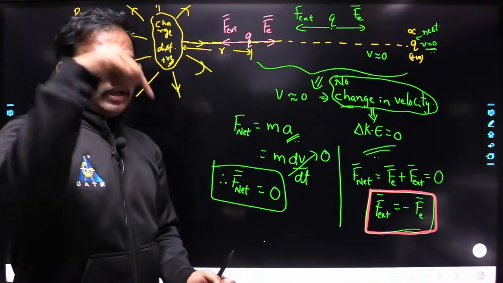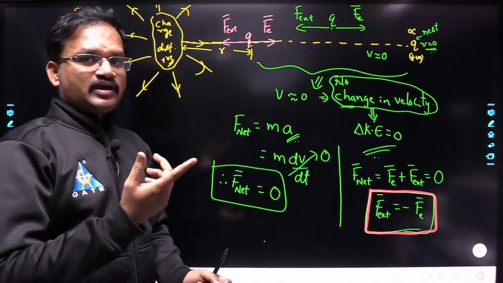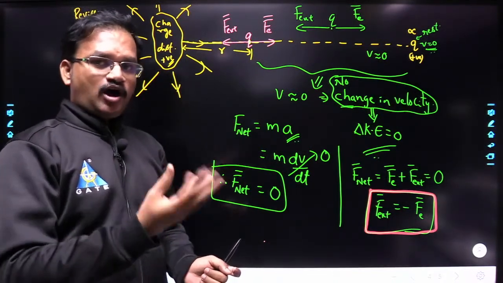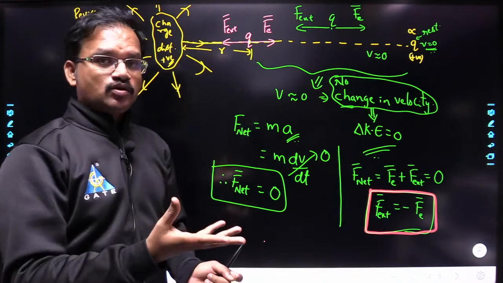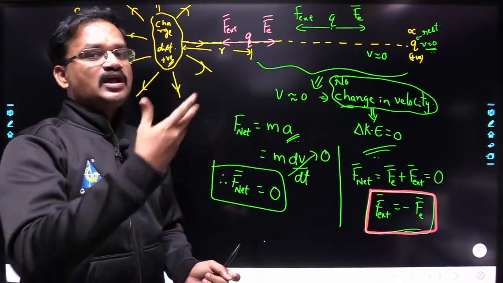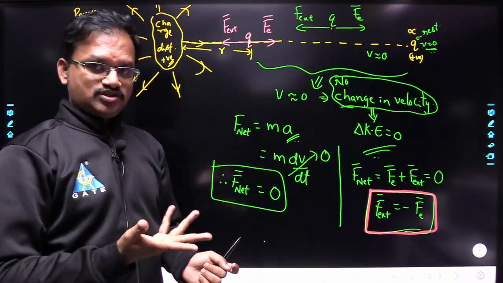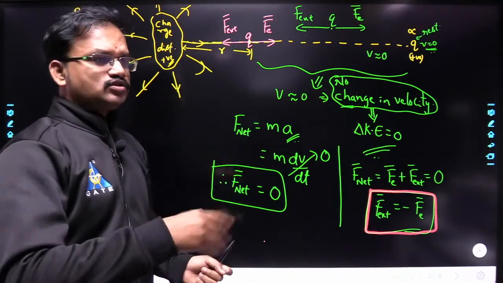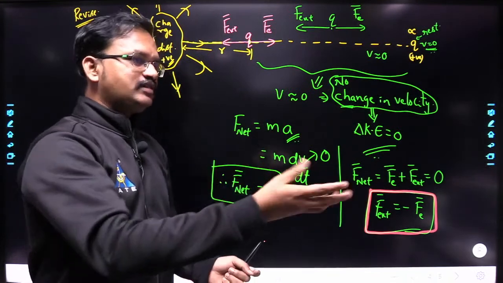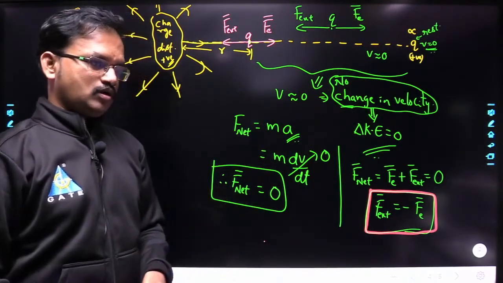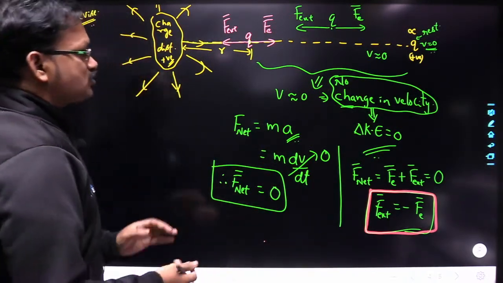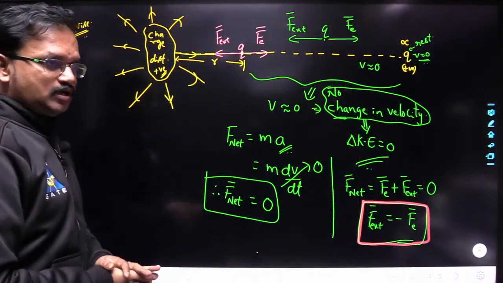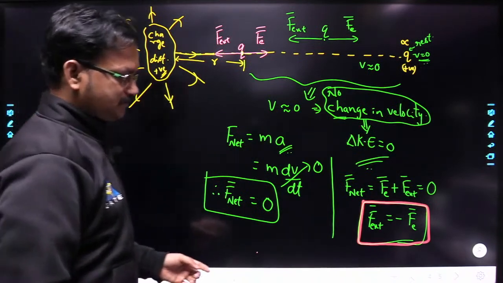Whenever the net force acting on the object is not equal to 0, its velocity is automatically going to change, which means its kinetic energy is going to change. We will deal with that case also, don't worry. First we will go one by one, so this is case 1 we are studying.